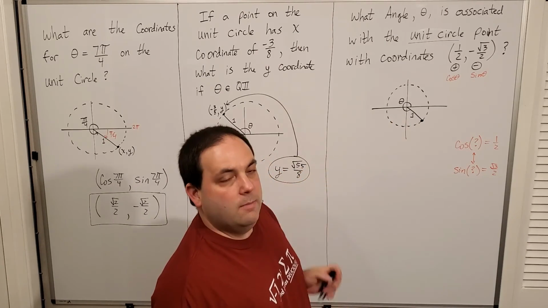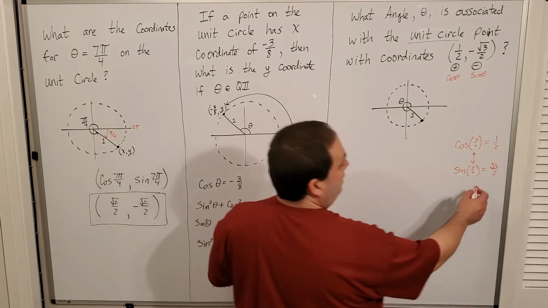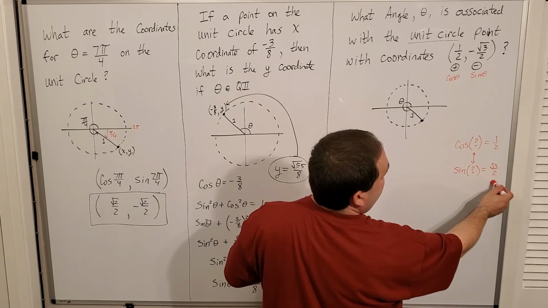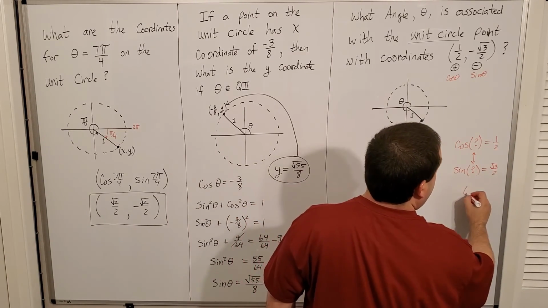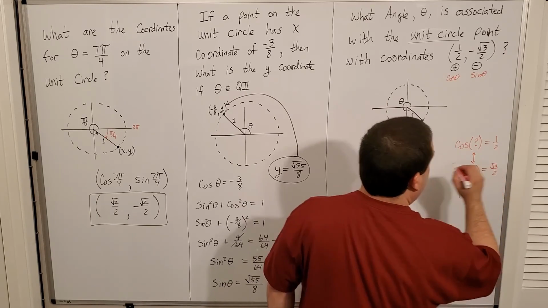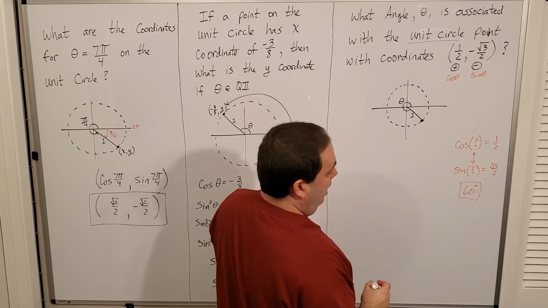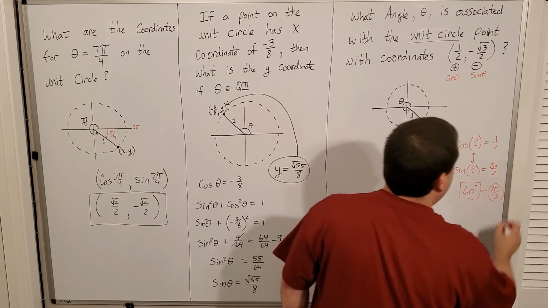What I'm doing is I'm locating a reference angle, right? So size-wise, which angle has a sine of square root of 3/2 and a cosine of 1/2? Well, that's 60 degrees. 60 degrees has that sine and that cosine, which we're going to be using the radians pi/3.